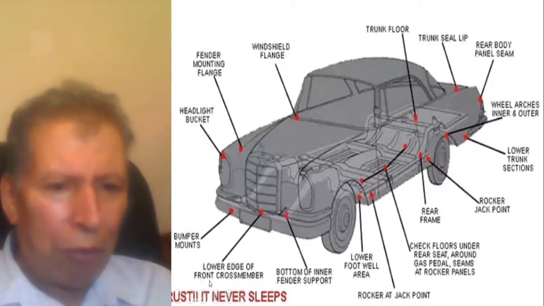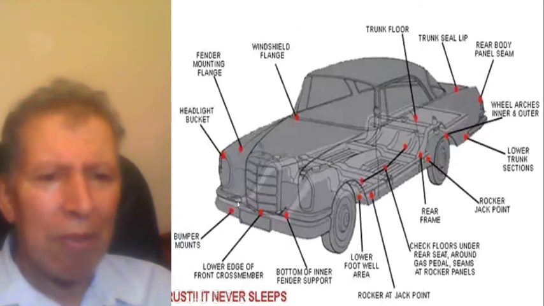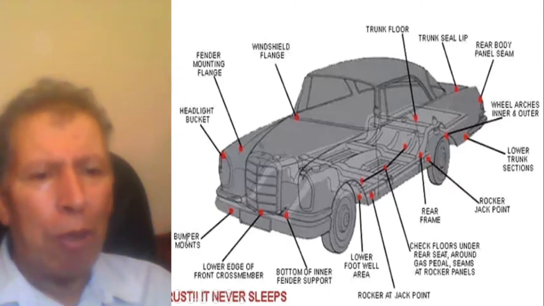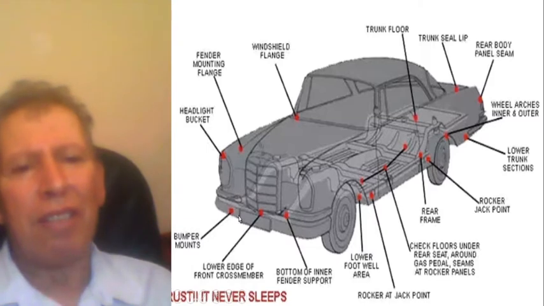Lower edge of front cross member. Bumper mounts, the mounts where the bumper is hung.